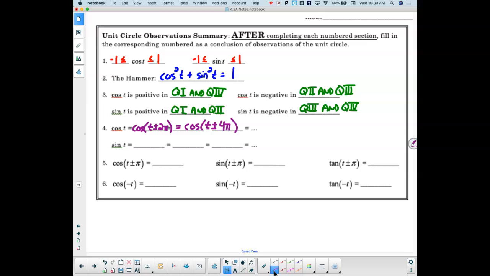As long as I'm adding or subtracting an entire circle, I'm back at the same spot. For sine, for cosine, and for tangent.